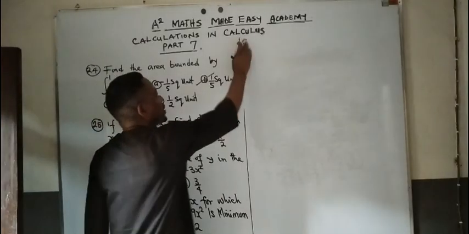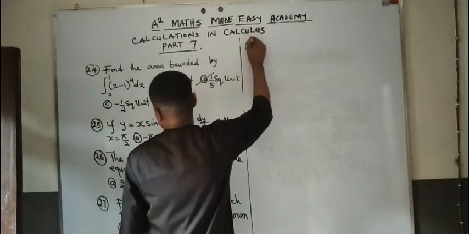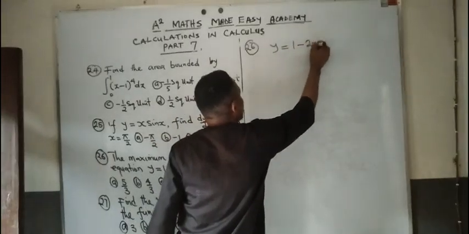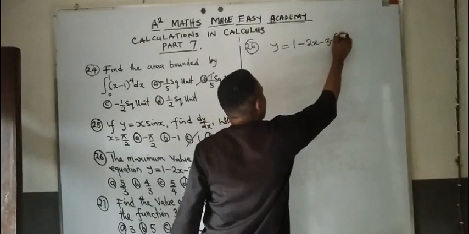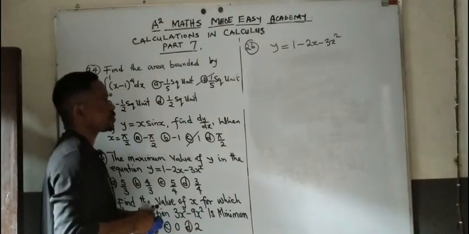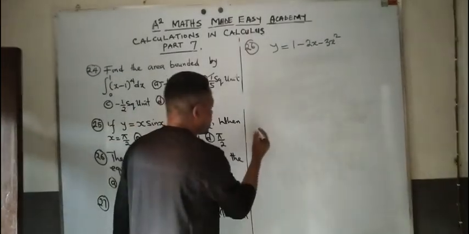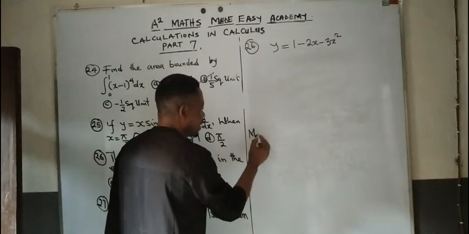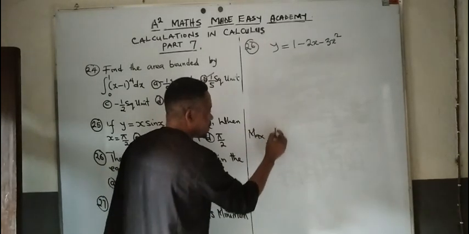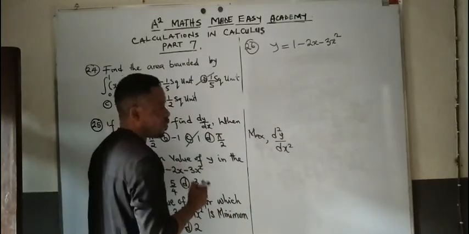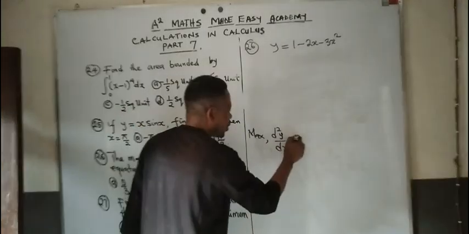Now, I want you to understand question number 26. Are you with me? We are given that y is 1 minus 2x minus 3x squared. Now, the condition for a maximum function to occur, listen, anytime you are looking for maximum, the secret is that the second order derivative, d squared y over dx squared, is always less than 0.